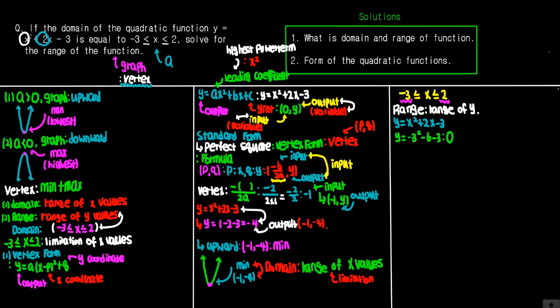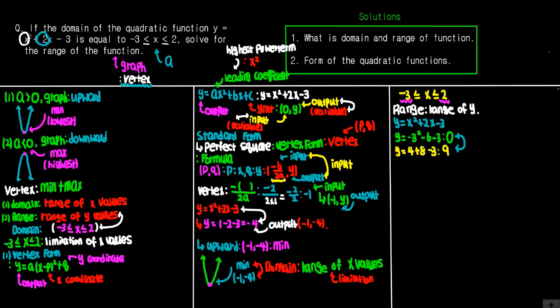Now let's think about the second case, where it talks about 2. If you input 2 into our quadratic function, it will be y is equal to 4 plus 8 minus 3, which is our output 9.